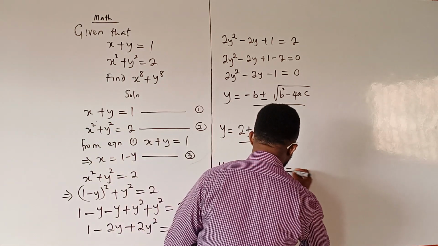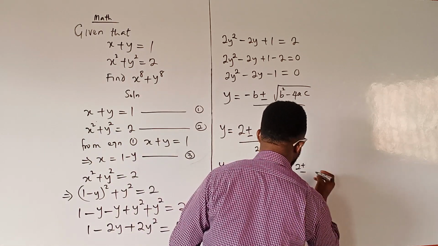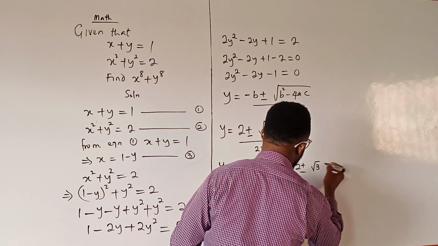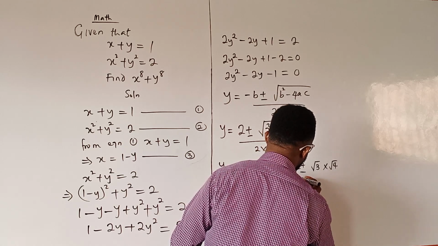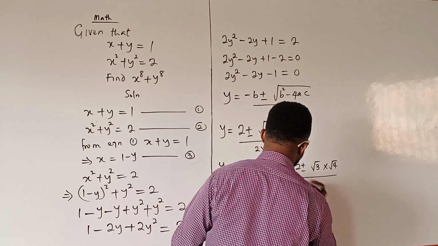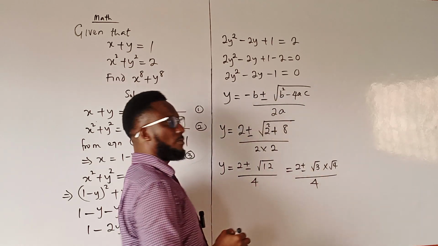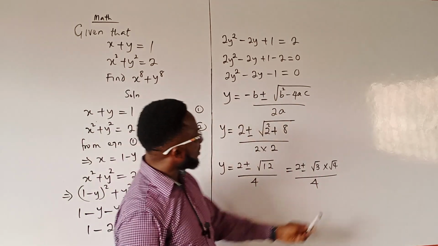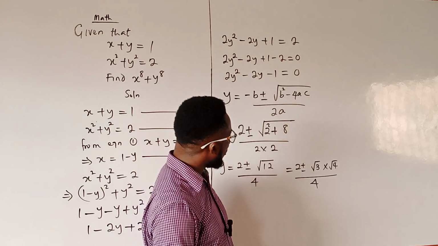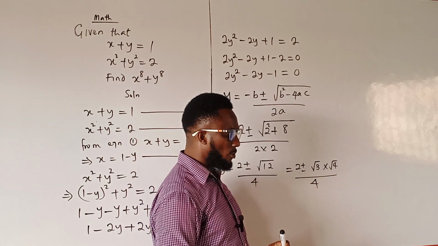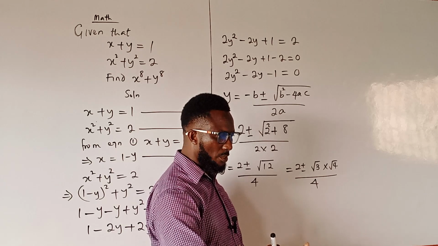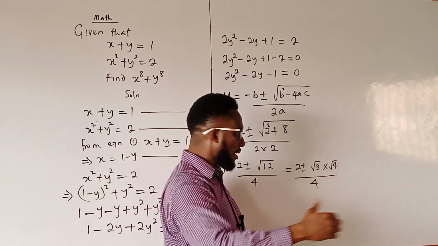So I could write this to be 2 plus or minus square root of 3 multiplied by the square root of 4, upon 4. Because 4 is a perfect square, the square root will be 2. Then square root of 3, that's irrational, which is actually a radical.